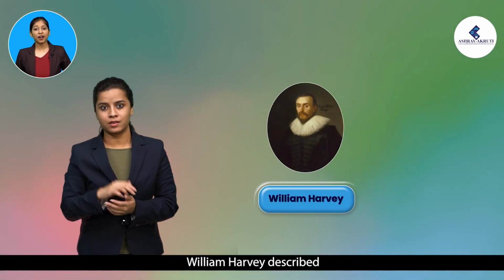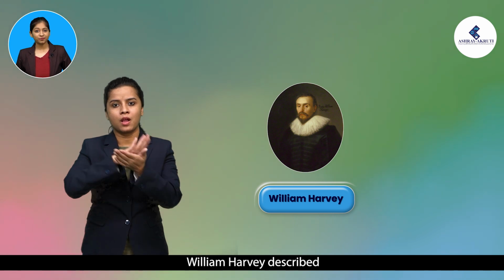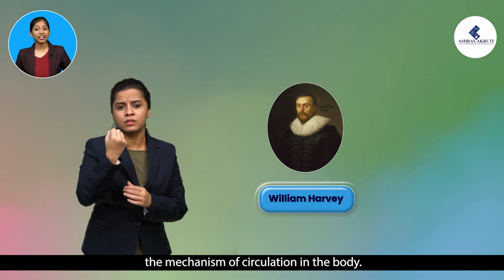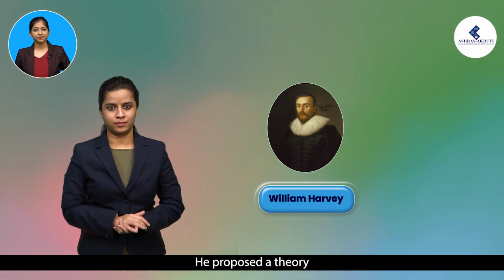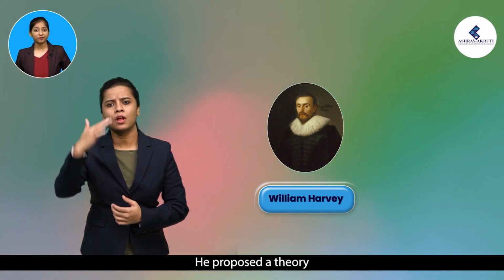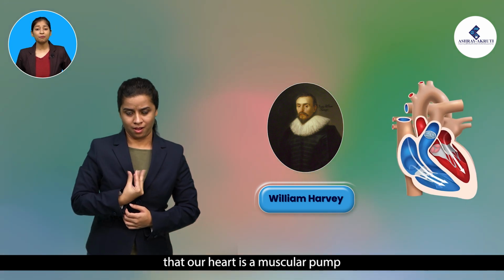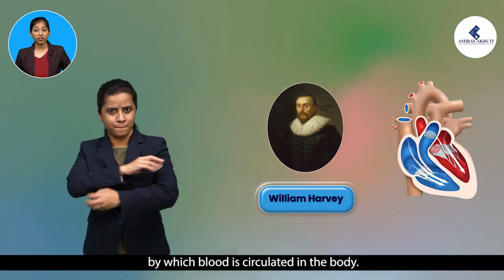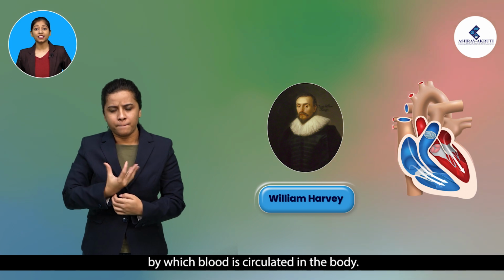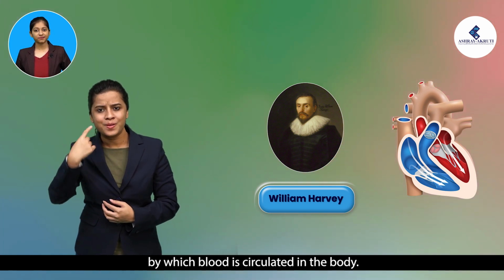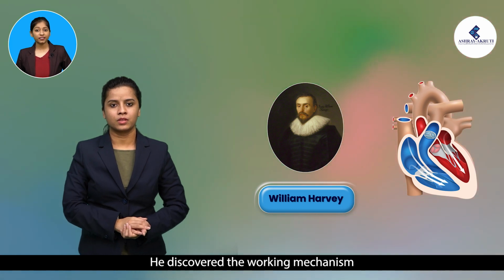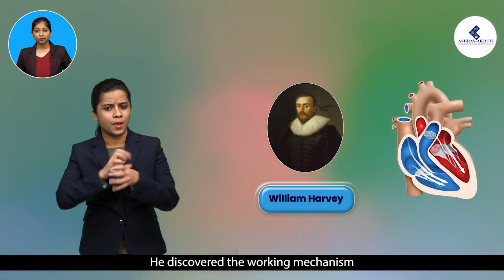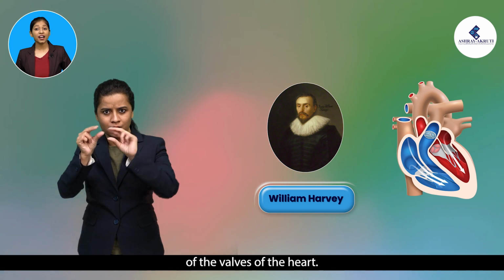In 1628, William Harvey described the mechanism of circulation in the body. He proposed a theory that our heart is a muscular pump by which blood is circulated in the body. He discovered the working mechanism of the valves of the heart.